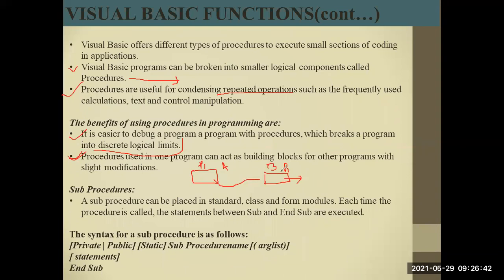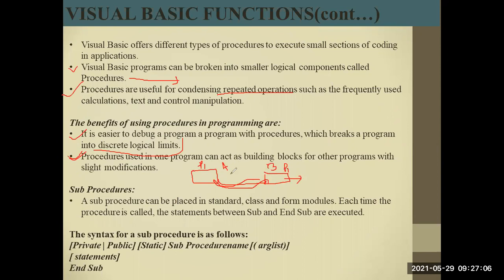I can make some changes in this procedure based on the requirement of application B. So whenever I need to use this procedure in B, we will not write the entire code. Whatever modification is needed, I simply modify the procedure and reuse it.